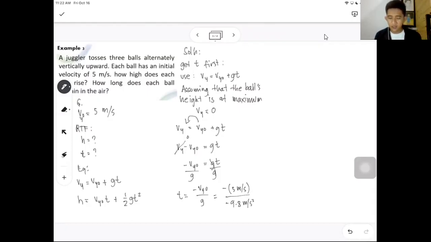Let us take note that the acceleration due to gravity, whether an object is moving up or down, is still negative. So the time it takes for the ball is now equal to 0.51 seconds.